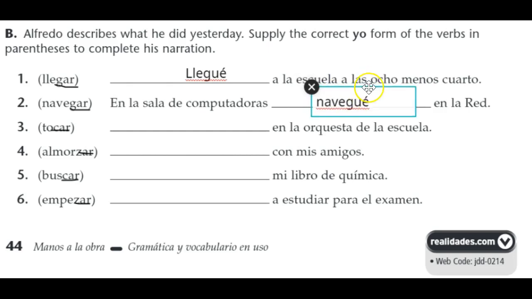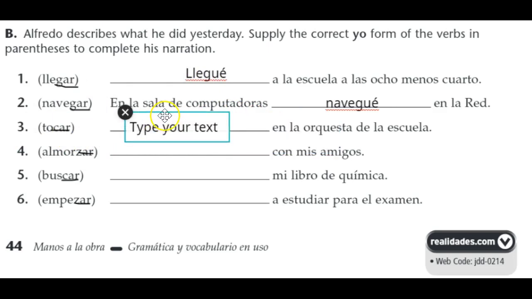I guess even nowadays we don't really say that as much anymore. Navegué en la red. I navigated on the internet, right? You surfed the net. En la sala de computadoras, navegué. So it's trying to test you, right? If you learned that you need to supply that spelling change.